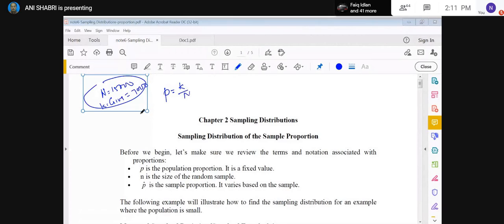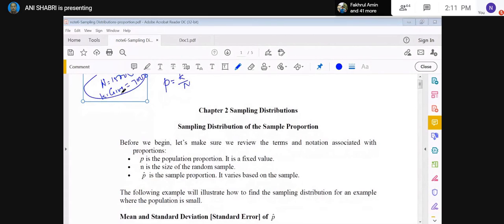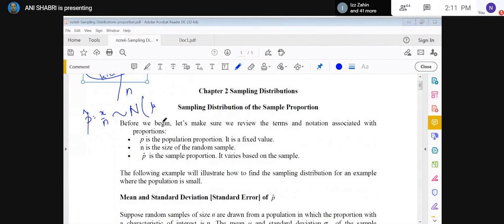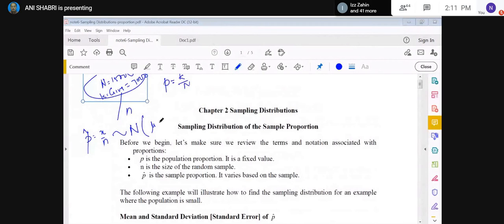If we take a sample, for example sample N, and P hat, the proportion for the sample, is X divided by N, it will follow normal. The mean is mu P hat and the variance is sigma P hat power 2.